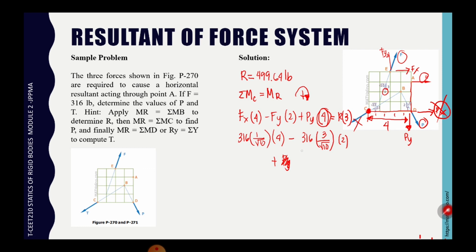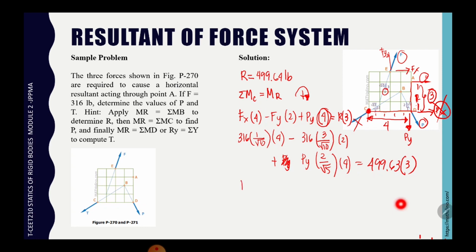So, Py is times 2 over square root ng 5 times 4 is equal to R, 499.63 times 3. Ayan. Bakit 3? Kasi sa C siya nag-a-act. Ito, 1, 2, 1 din, 1. So, ang distance na is magiging 3.